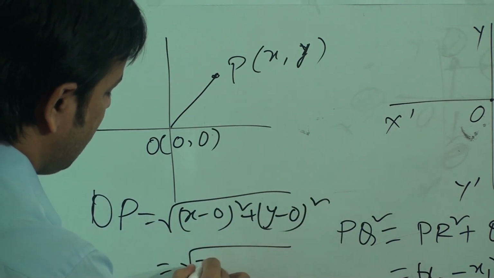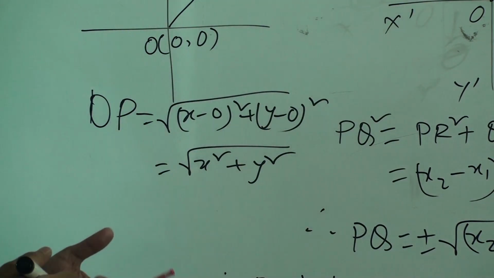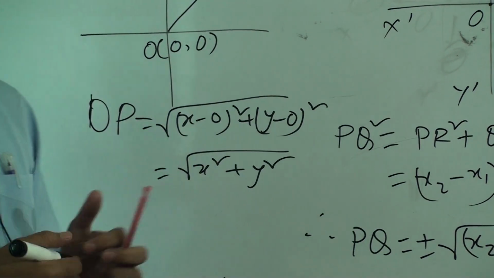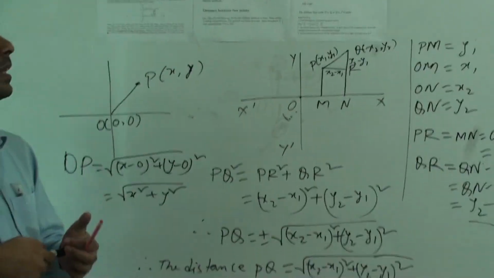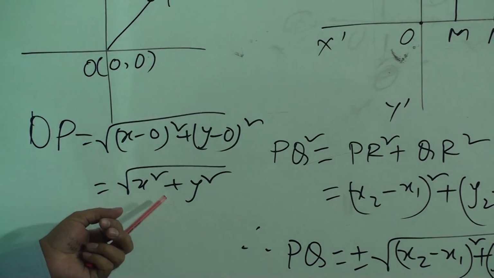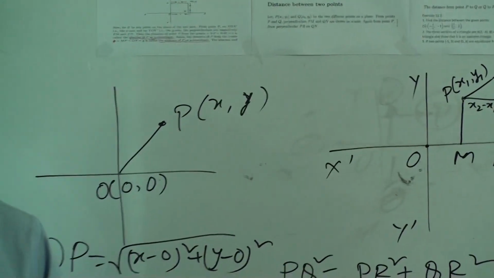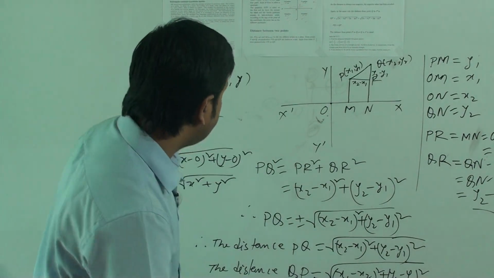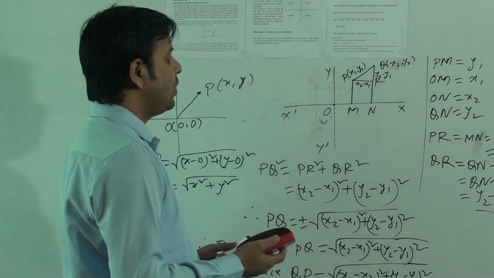That will be x square plus y square. It means the distance of any point (x, y) from the origin will be equal to the square root of x square plus y square. In that case we will get this formula, and if (x1, y1) and (x2, y2) are 2 points, then the distance will be the square root of x2 minus x1 whole square plus y2 minus y1 whole square.